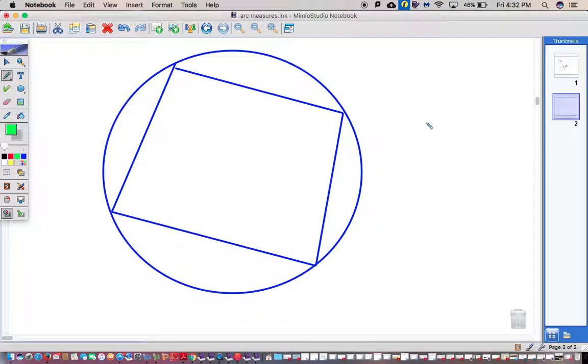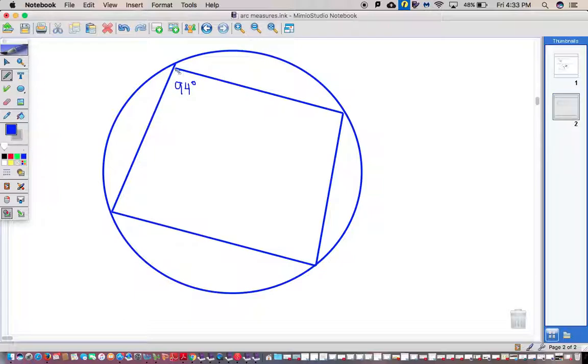Okay. Let's look at a question that we're given. This is just one from one of your worksheets, but let's make it something a little more challenging. Let's say this angle here is 94 degrees.